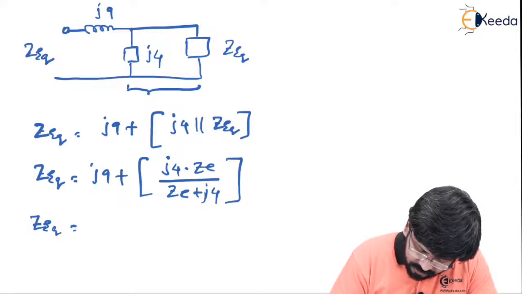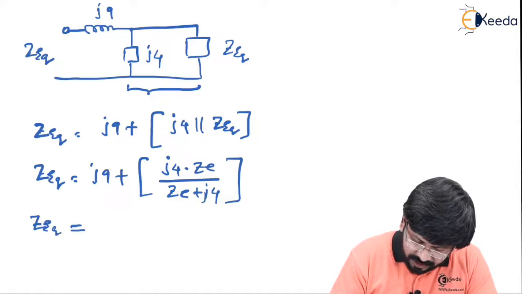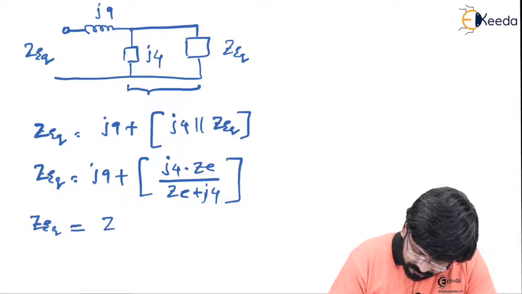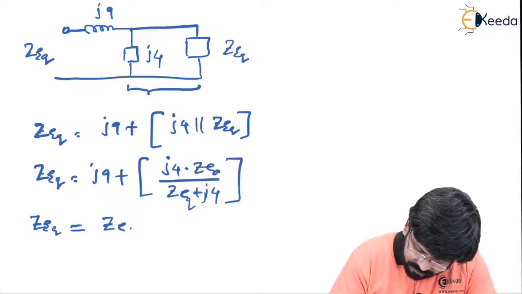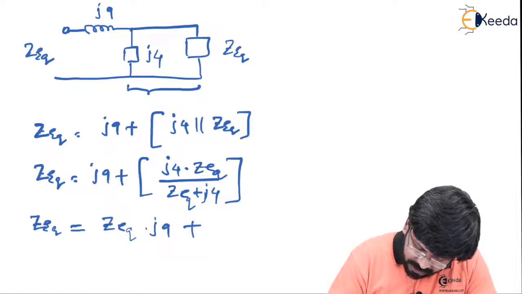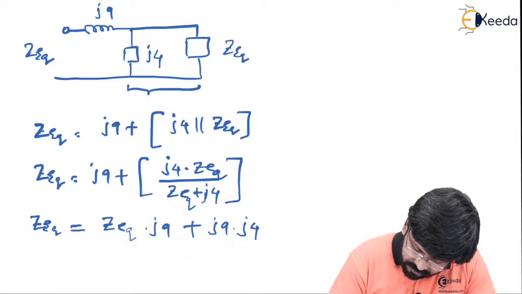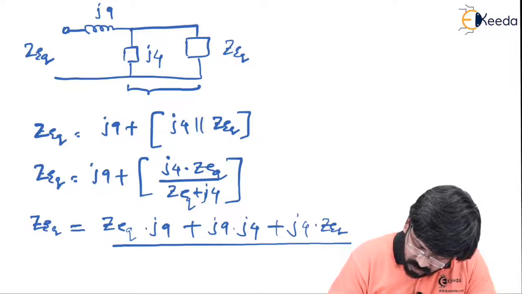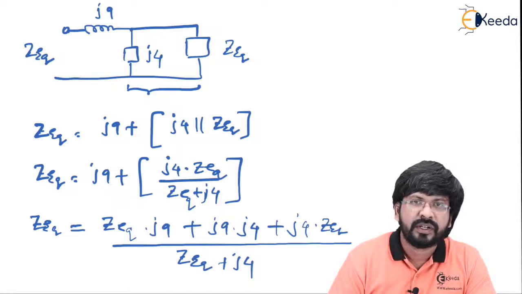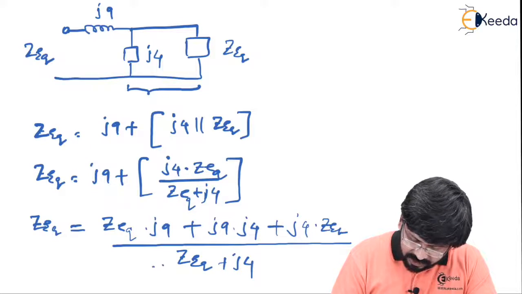Furthermore, the right hand side can be cross multiplied with the denominator, so it becomes, let's have a common notation only, Z equivalent, J9 into J4 plus J4 Z equivalent, whole divided by Z equivalent plus J4.